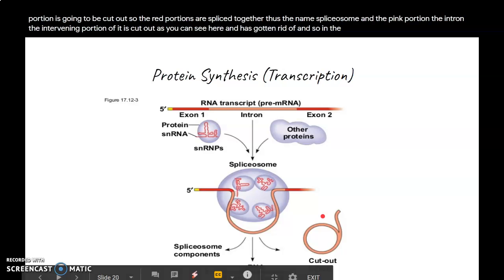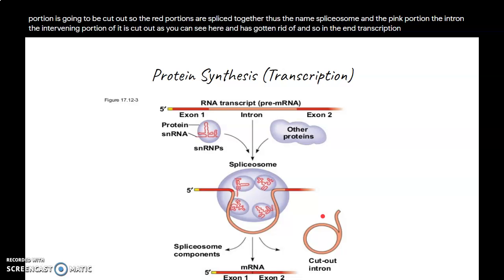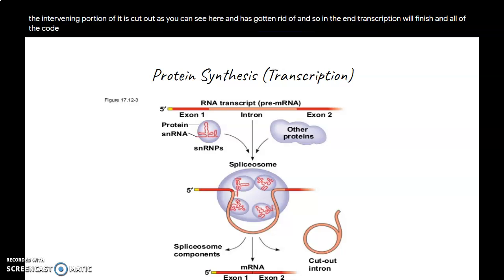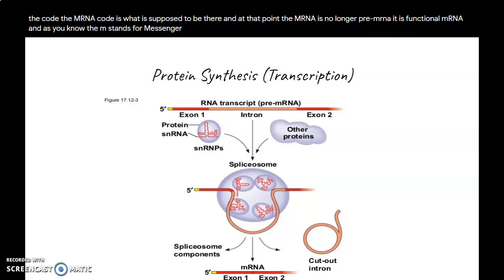And so in the end, transcription will finish, and all of the code, the mRNA code, is what is supposed to be there. And at that point, the mRNA is no longer pre-mRNA, it is functional mRNA. And as you know, the M stands for messenger.